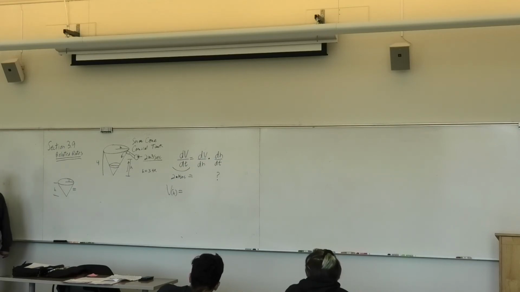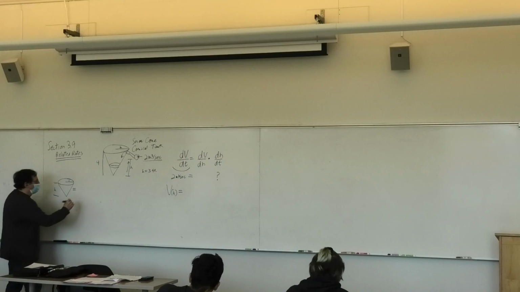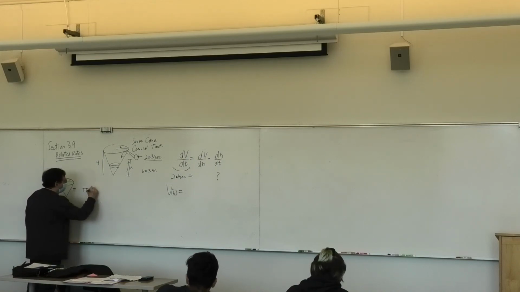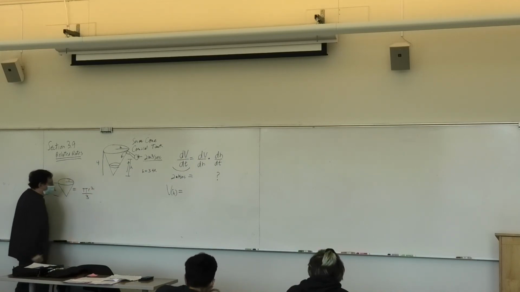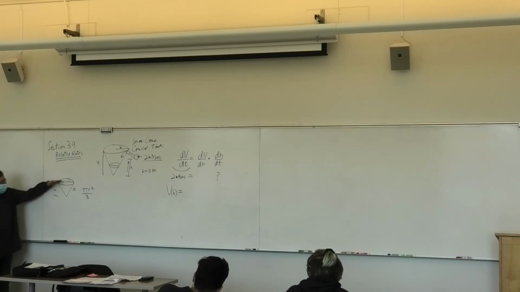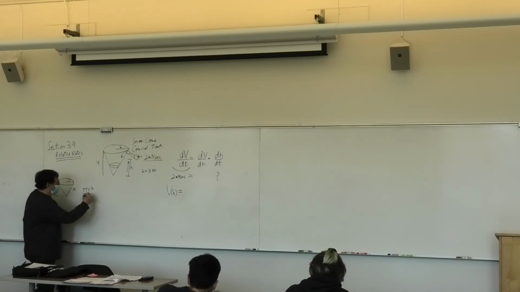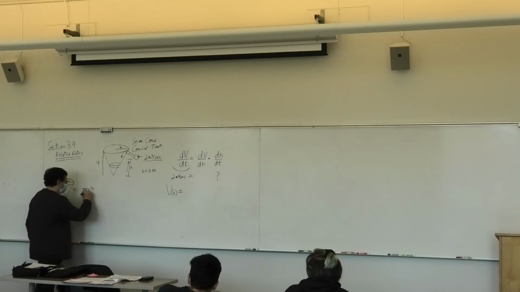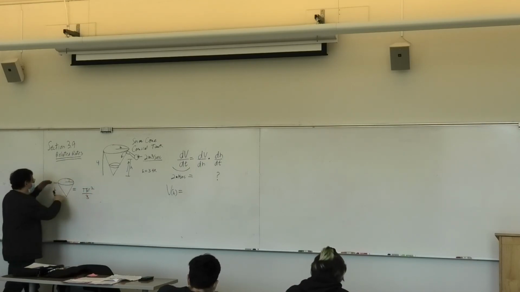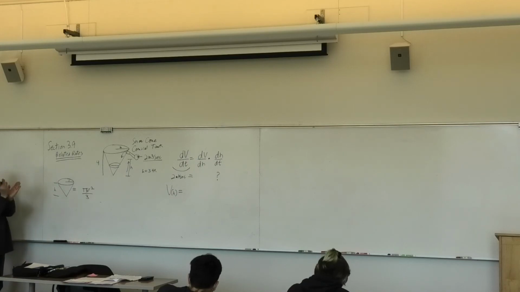Is it pi r squared, h divided by 3? Absolutely is. It's a little like a pyramid, well, an upside down pyramid. It's the base area, which is pi r squared, times the height, but because it's a pyramid or a cone, 1/3.